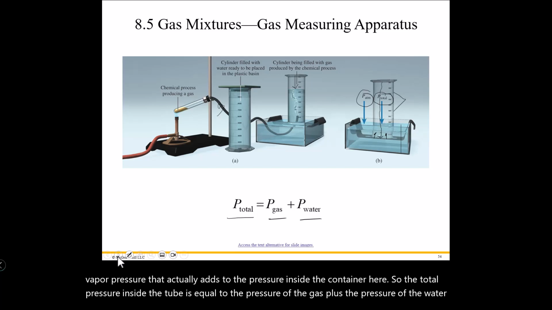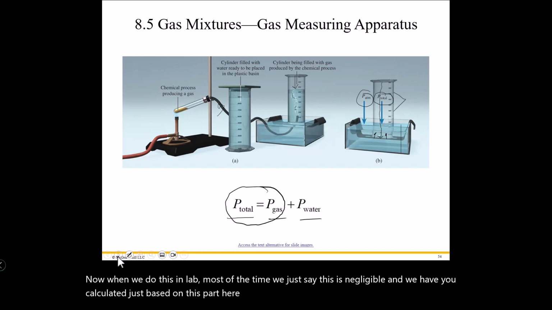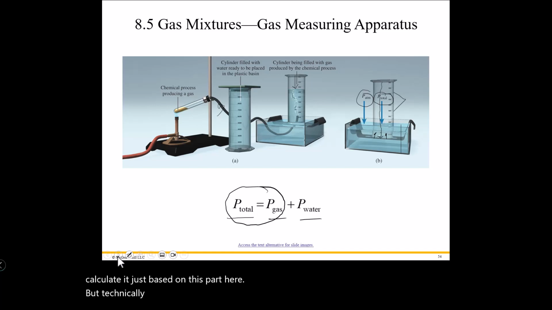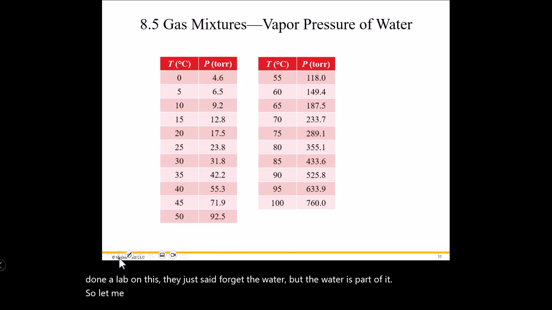Now, when we do this in lab, most of the time, we just say this is negligible, and we have you calculate it just based on this part here. But technically, you're supposed to add in the pressure of the water. So I believe if you've done a lab on this, they just said forget the water, but the water is part of it. So let me show you how this works.